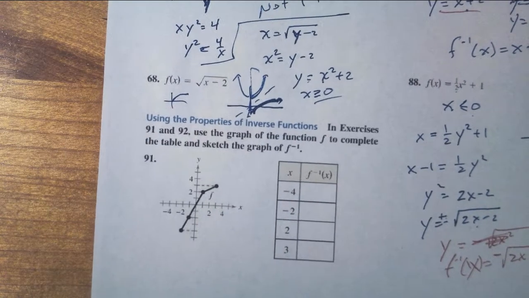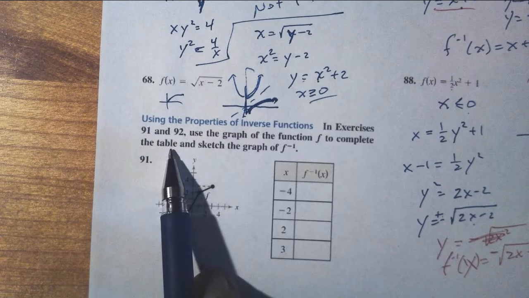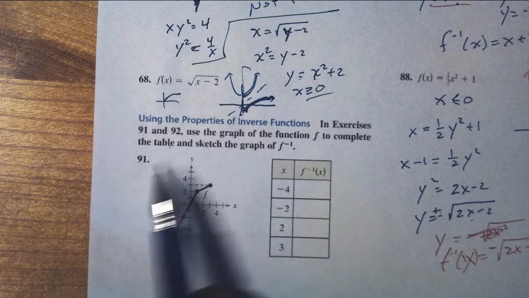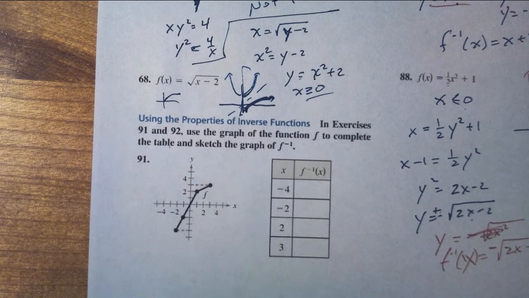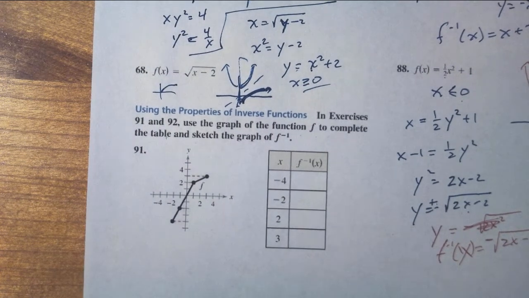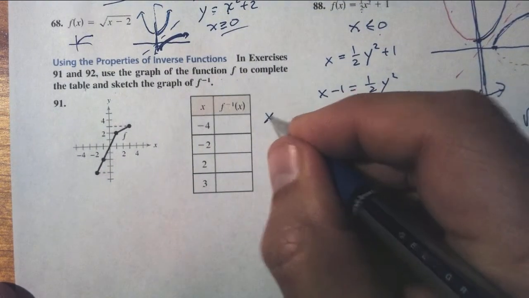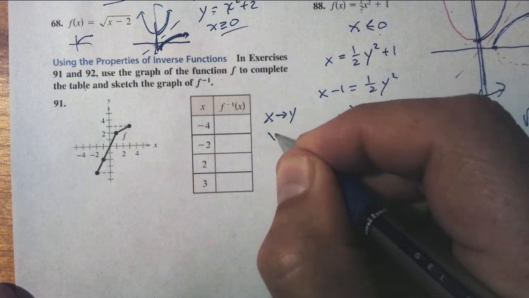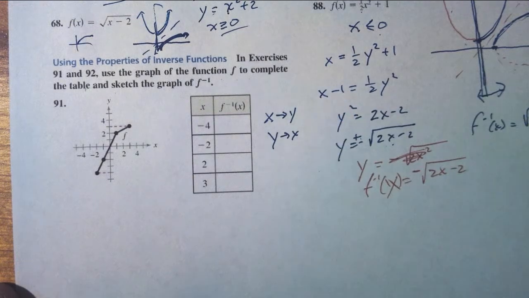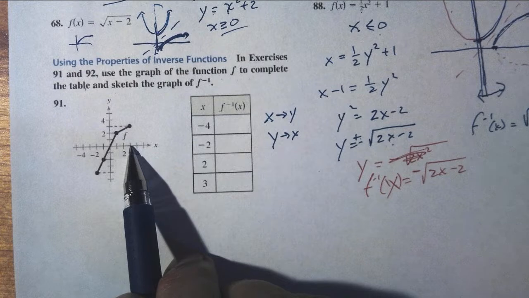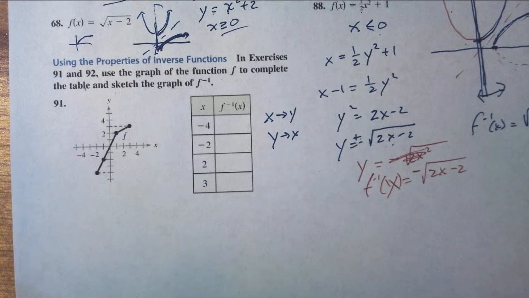Okay, and in exercise 91 and 92, use the graph of the function f to complete the table and sketch the graph of f inverse. Well, once again, if we remember this very simple idea, x's become y's, y's become x's, and we say on f there is a point 3, 3.